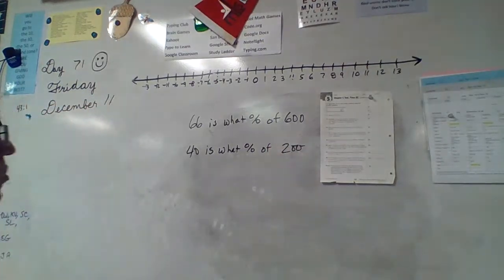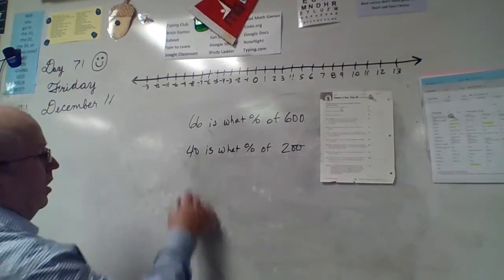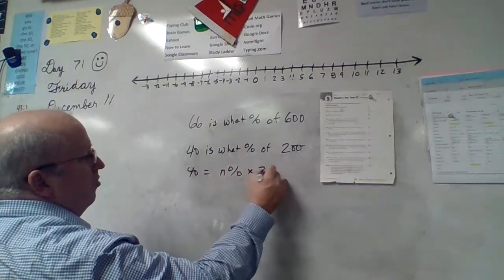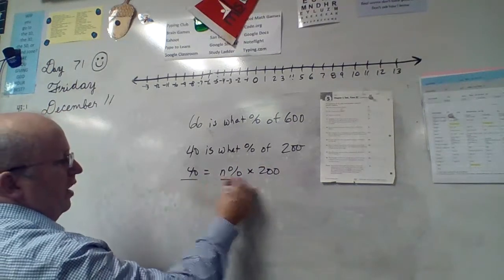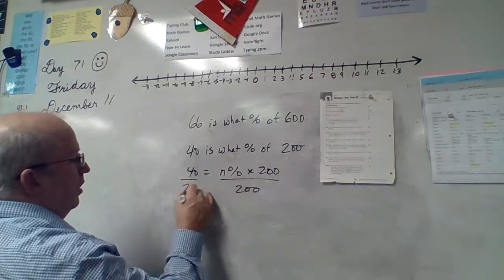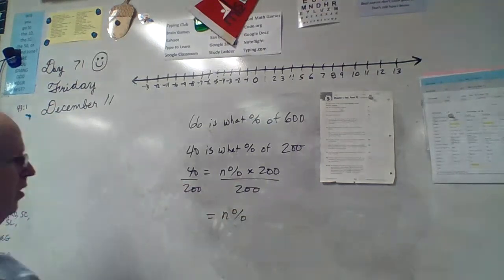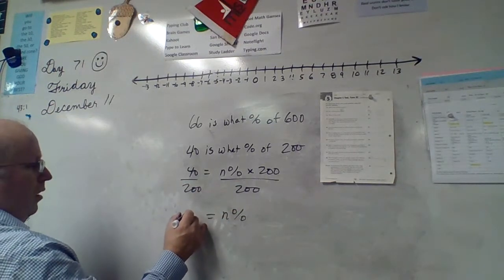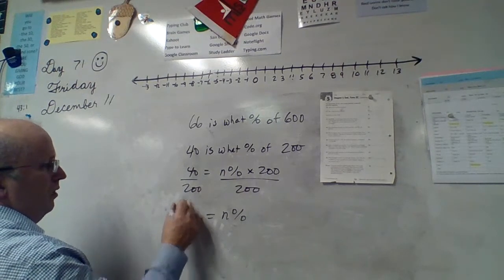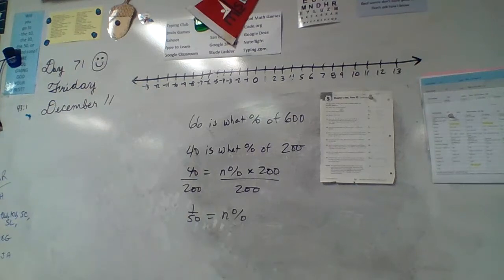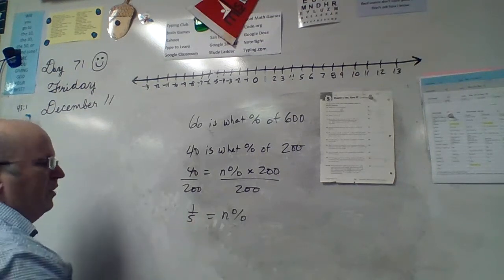Okay, 40 is what percent of 200? Well, I'd write 40 equals n percent times 200. Then I'd divide both sides of the equation by 200. And I get n percent equaling whatever this is, which in simplified form, that'd be 1 over 50, wouldn't it? Nope, it'd be 1 over 5. I'm sorry, 1 over 5.